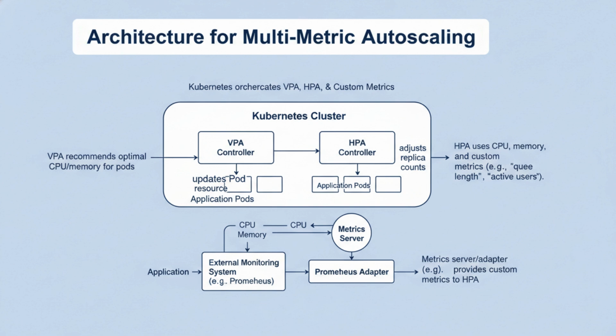A metric server or an adapter, e.g. Prometheus adapter, collects these custom metrics and exposes them to the Kubernetes API, making them available for HPA. The key is that VPA's recommendations can inform HPA scaling decisions, and HPA can use a blend of standard and custom metrics. This creates a multi-dimensional autoscaling system that reacts intelligently to various signals.